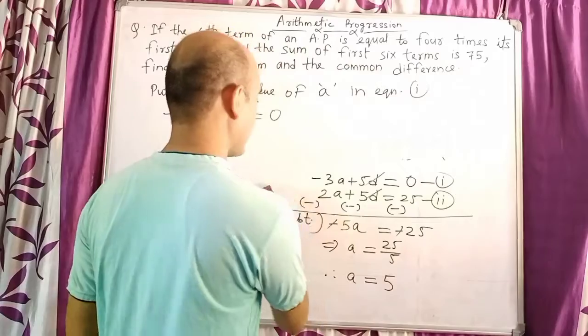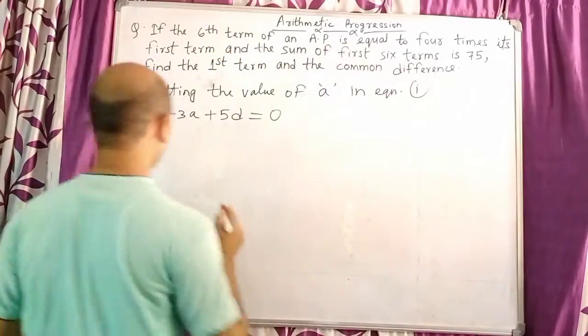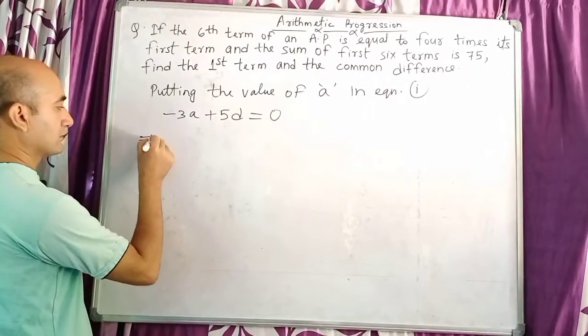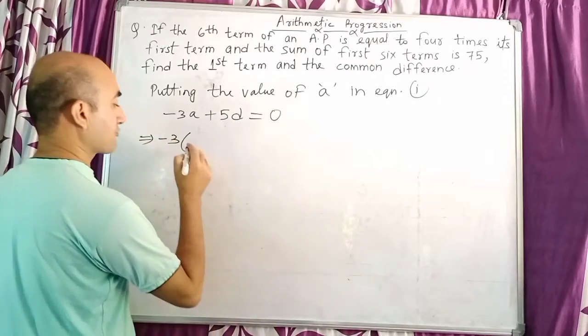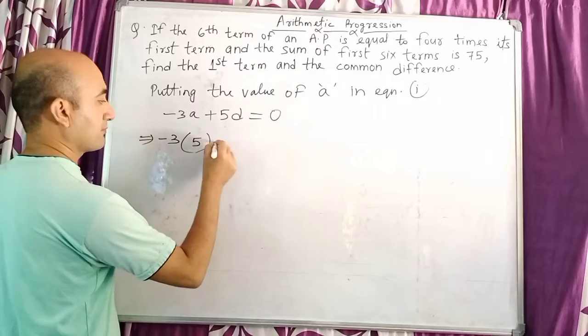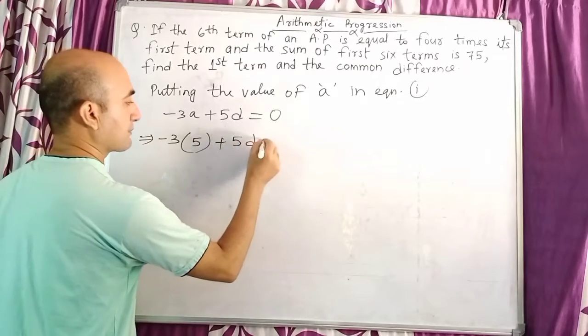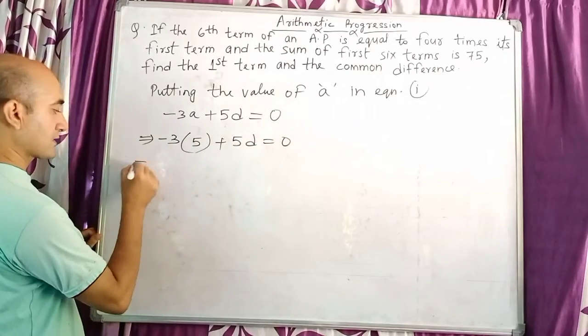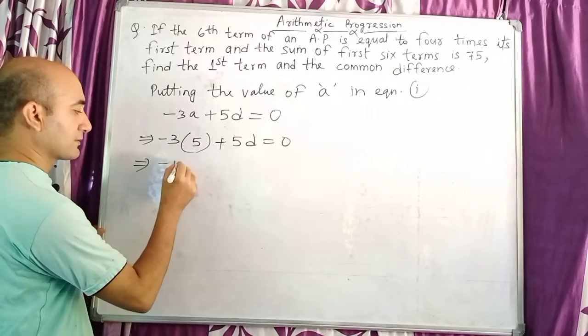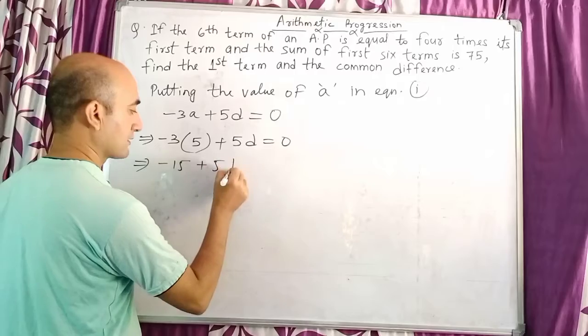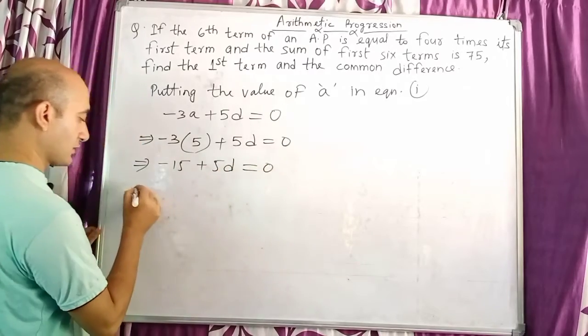So now I will erase everything. So now minus 3, value of a, you know, it was 5, plus 5d equal to 0. Next, minus 3 into 5 is minus 15 plus 5d equal to 0.